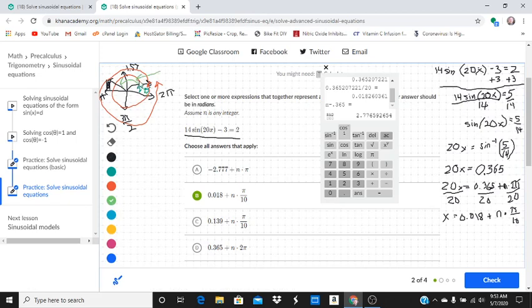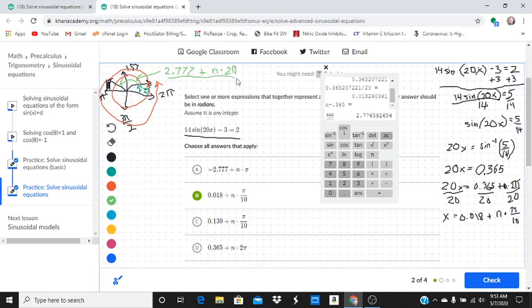So this in radians is going to be 2.777 if we round to the nearest thousandths. Plus, remember, we can get it by doing n times 2 pi.